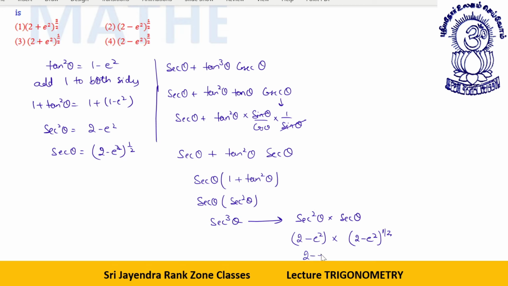So this becomes (2 minus e square) raised to the power 3 by 2. Is it very clear to all of you? Fine. You can have a look over it if you want before I proceed to the next one. Next is also a very, very good question, dear students.